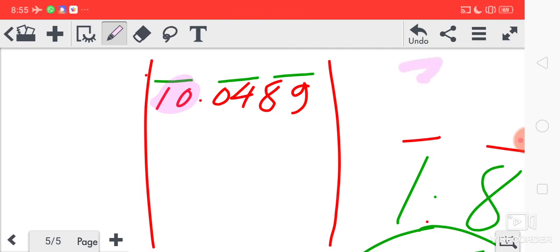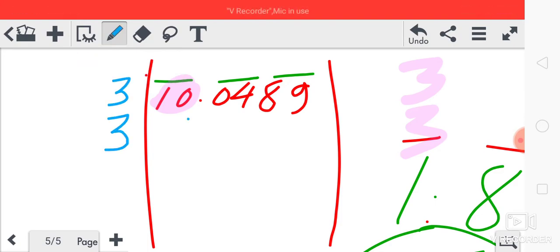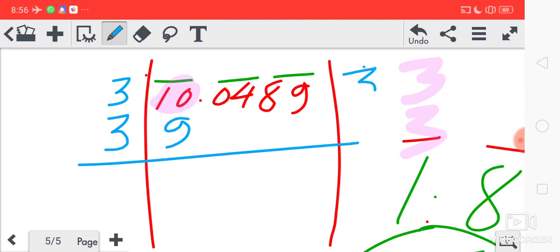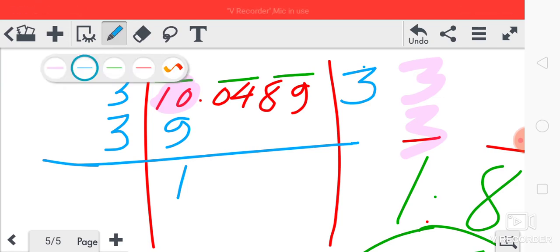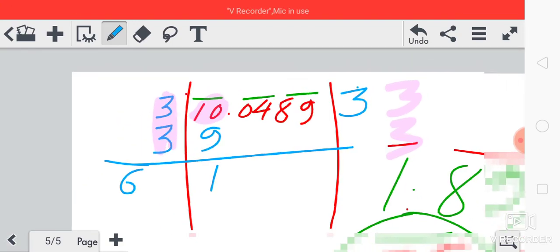So we can take 3. 3 3s are 9. Okay, so we'll take here 3. So 3 3s are 9. So we are writing here 9, and at the right side also we have to write 3. Okay, now this 10 minus 9, how much will we get? 1. Now this 3 and 3 will add, how much will we get? 3 plus 3 will get 6.